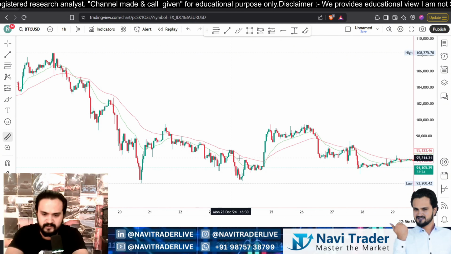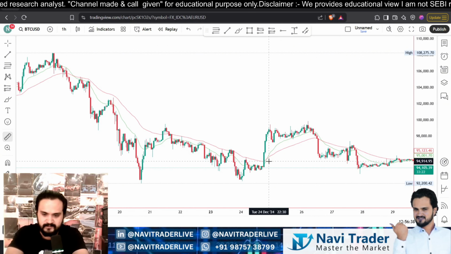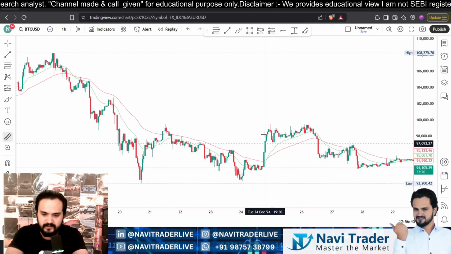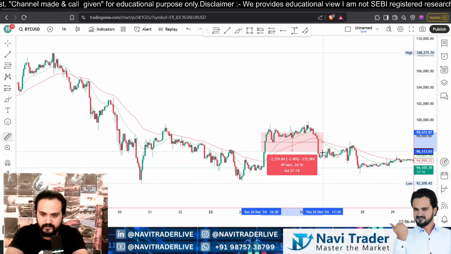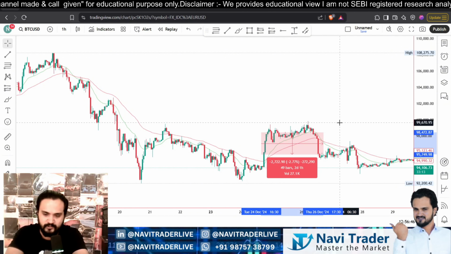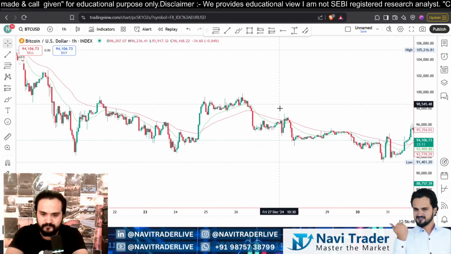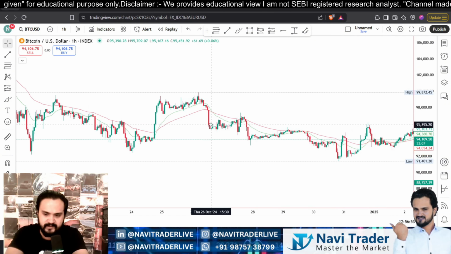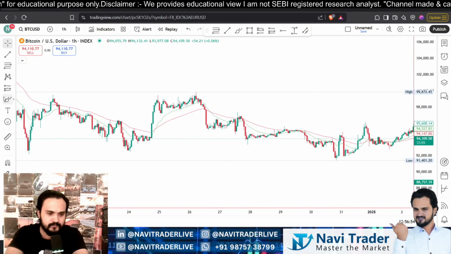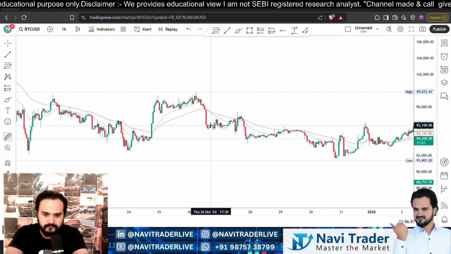So here is an example of loss. See here, on this level you accumulate, but you have to bear the loss near this level. Almost 2000 points of loss you have to bear, but you initiate the entry at that level again.